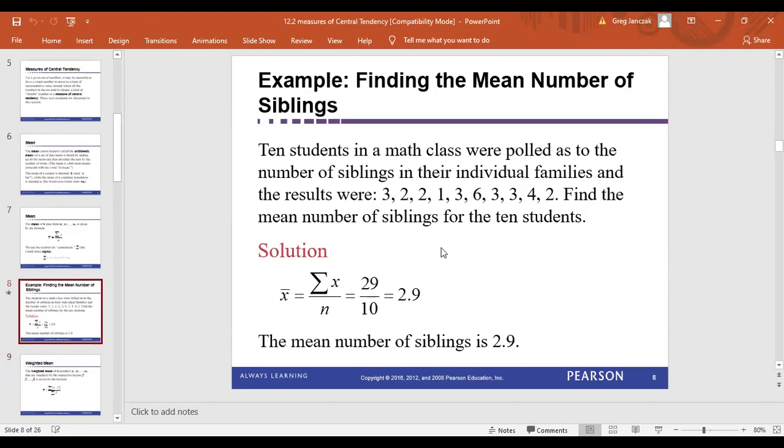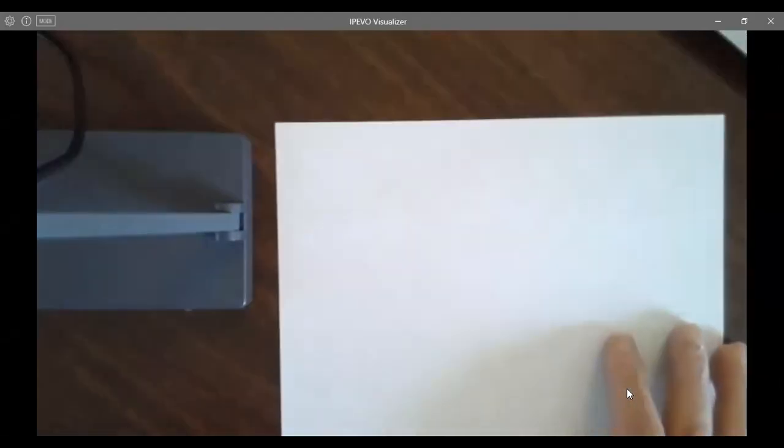So here we have 10 students in a class. Let's take a look at this problem. I'm going to switch to working this on paper.